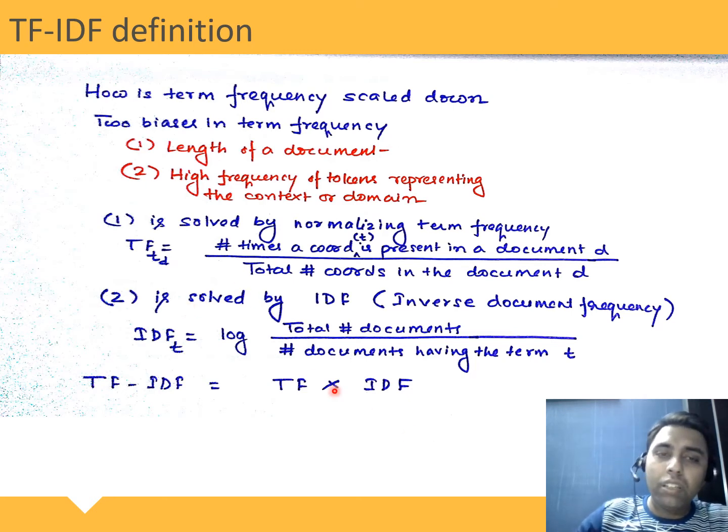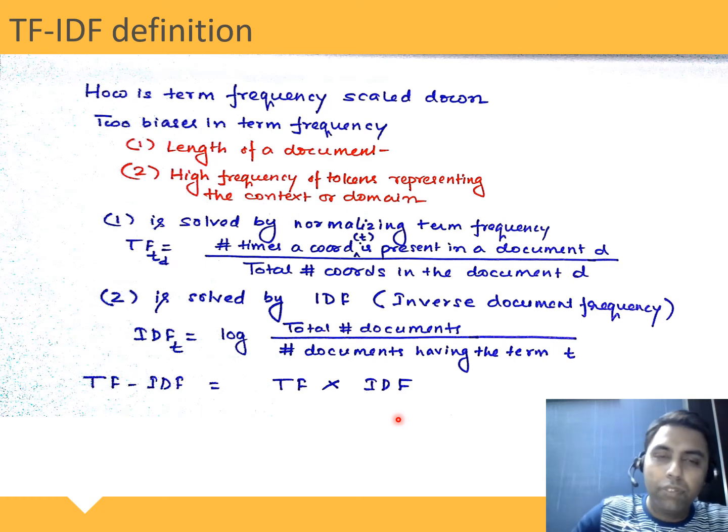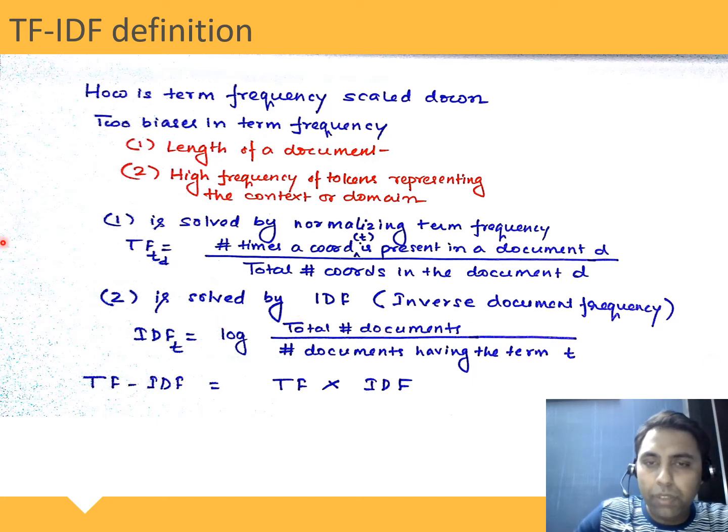Now, instead of taking the log of that proportion, we are actually taking the log of the reciprocal of that proportion. The reason being, if you take the log of that proportion, the term gets negative because it's a fraction. If you take the log of the reciprocal, then you get a positive term because it's more than one. So that's what we are following in calculating the inverse document frequency of every term. So satisfy yourself that you understood and interpreted this expression.